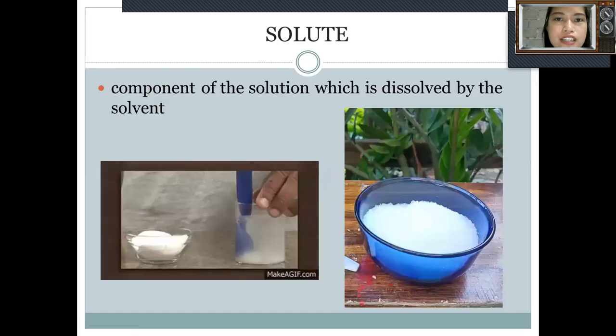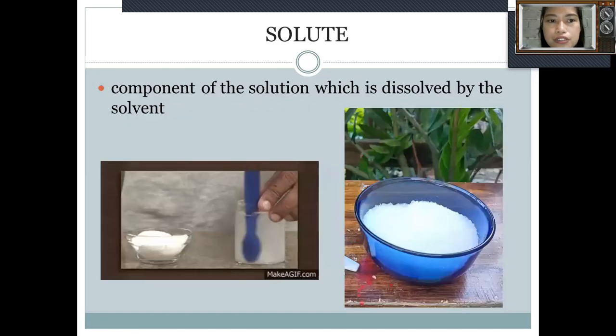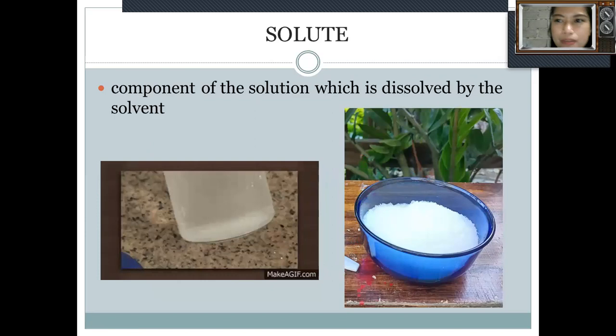So next, solute. Solute is a component of the solution which is dissolved by the solvent and which is lesser.